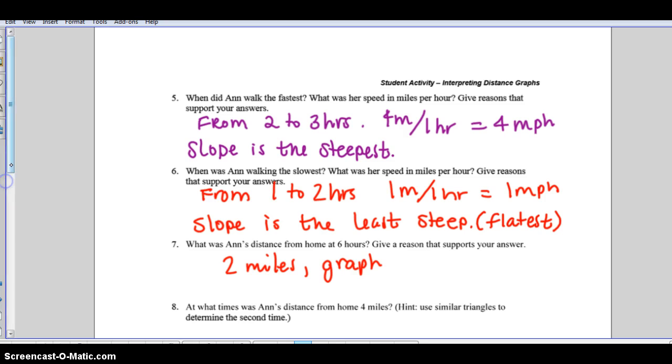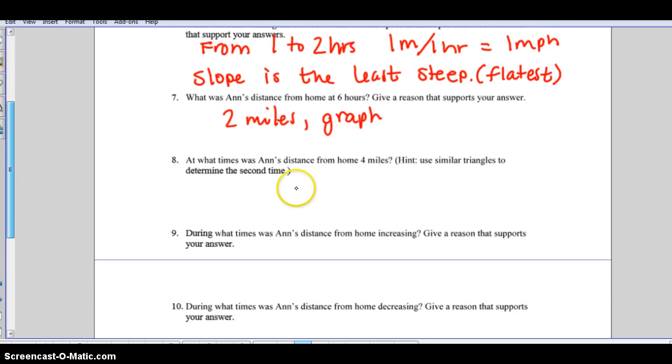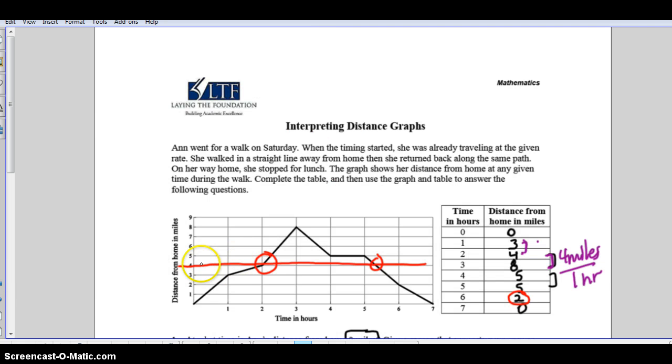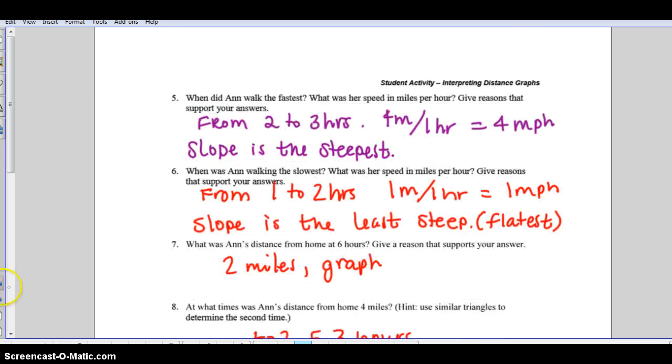So for number 8, we would say that happens at t equal 2 and at 5.3 hours. And we did that yesterday also, where we found 4 and we drew across, and we want those output values, just like we did in the graph yesterday.